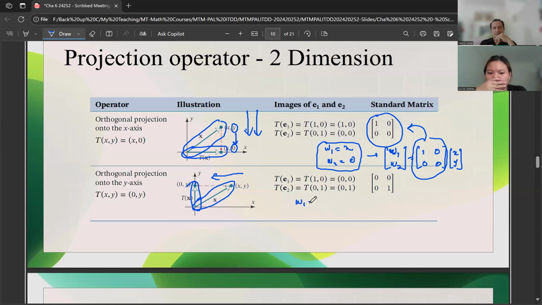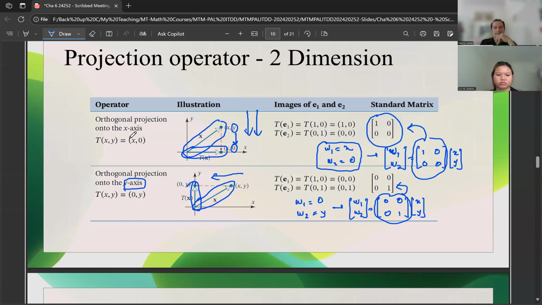So W1 will be 0, W2 still Y. This is Y1, Y2, and the matrix will be 0, 0, 0, 1, times X and Y. So this is the matrix standard of projection to the y-axis, and this is the matrix standard for the projection to the x-axis.